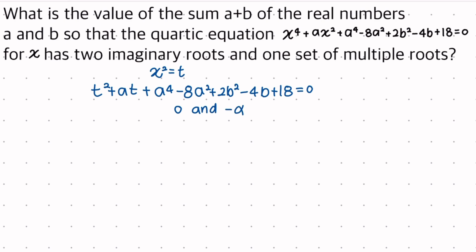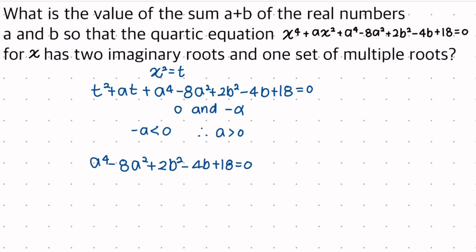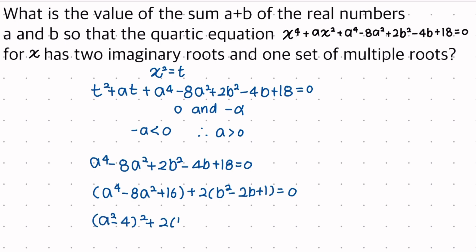And according to Vieta's theorem, minus a is less than 0, which means that a is greater than 0. And now let's take a look at the constant. This equation is the same as this equation, and we can rewrite this as this equation so that we can figure out that a squared minus 4 equals 0 and b equals 1.